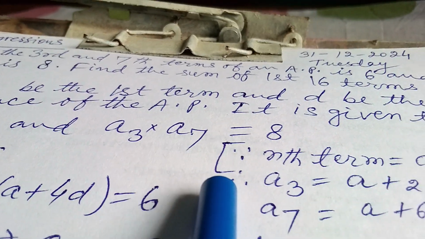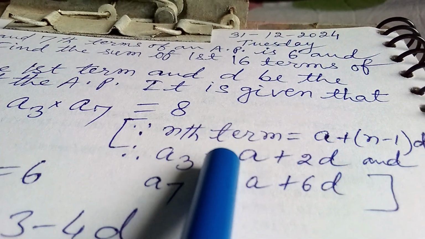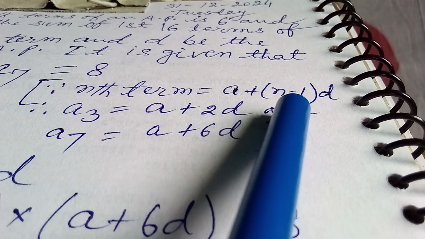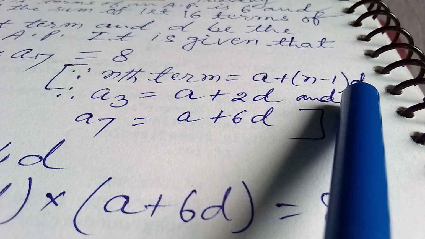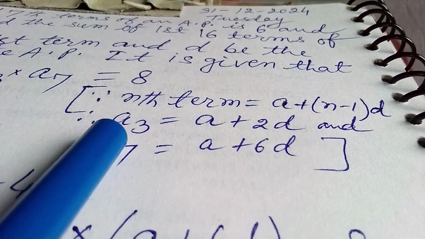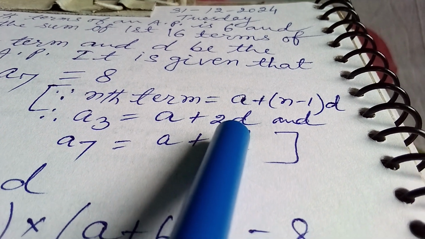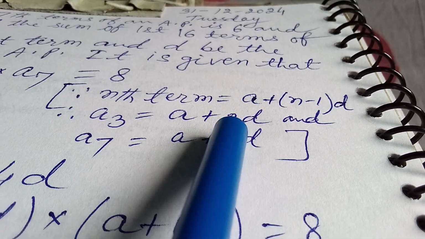Now, we know that the nth term of an AP is equal to A plus (n minus 1) into D. Therefore A3, the third term, is equal to A plus 2D because 3 minus 1 is 2.